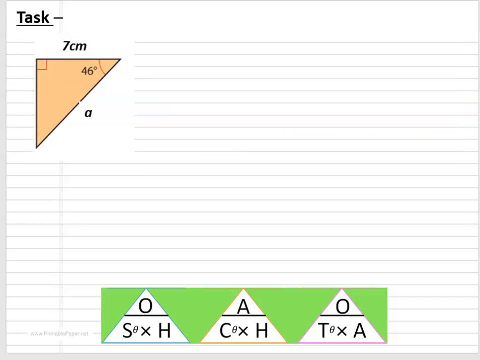So to go through the first one, we're looking for our hypotenuse and A. So we're going to write that out. H equals A over cos angle. H equals 7 divided by cos 46.